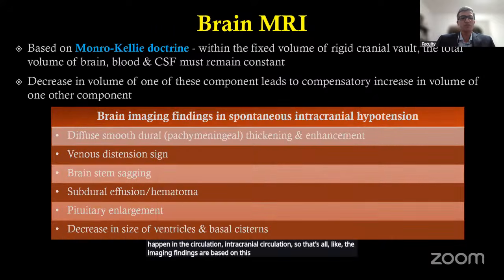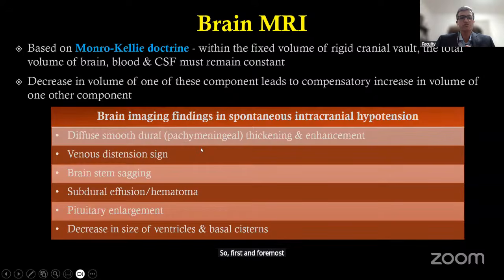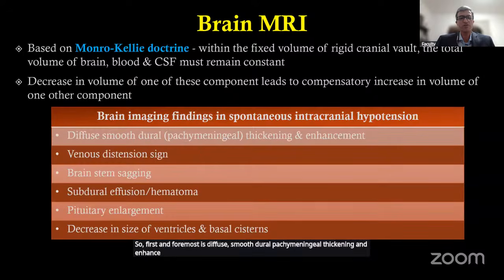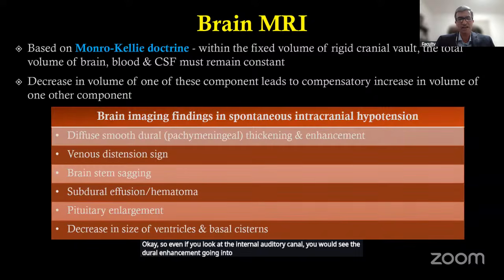Okay. So the most important ones are the top 5. First and foremost is diffuse, smooth, dural pachymeningeal thickening and enhancement. Okay, so all these words are important. It has to be diffuse, it has to be smooth, it has to be thickened, and it has to be enhancing. Even if you look at the internal auditory canal, you would see the dural enhancement going into the internal auditory canal.